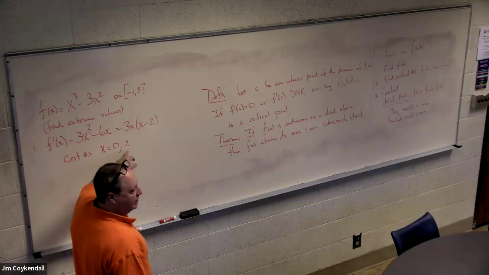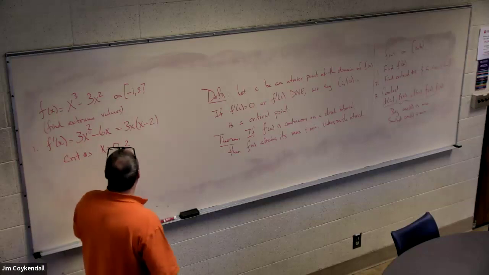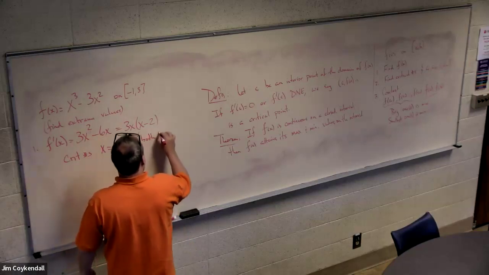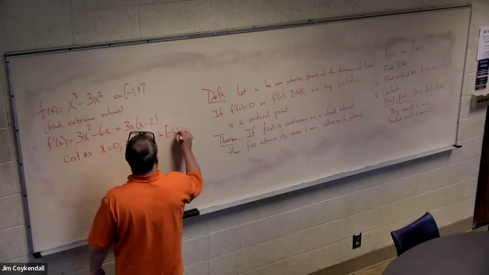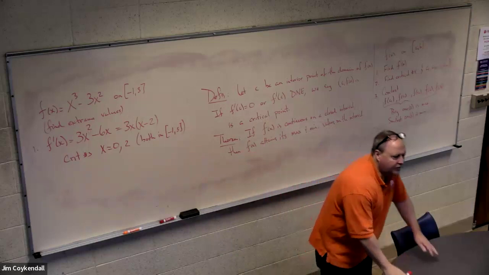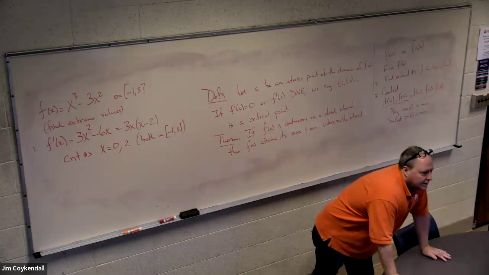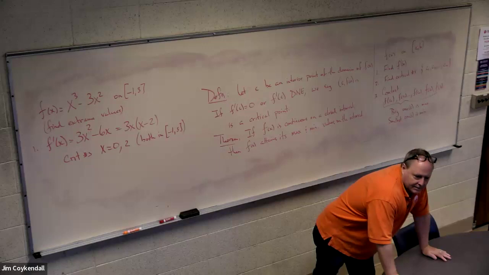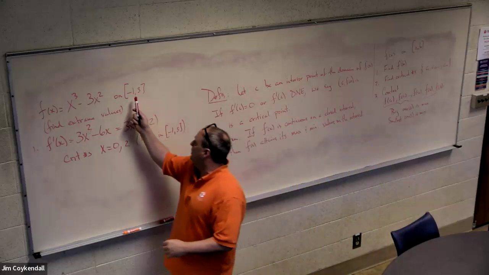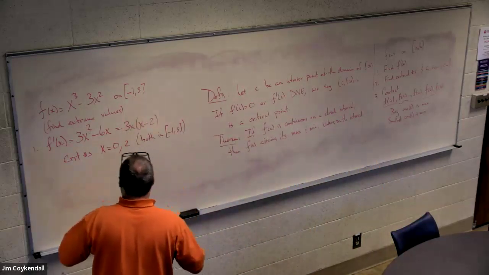Critical numbers are x equals 0 and 2. And they were both in. What if one of the critical numbers I got was 5? What if I had gotten 0, 2, and 5? I just wouldn't use 5 because 5 is not in the interval I'm concerned with. But both my critical numbers fell between -1 and 3, so I need to do both.